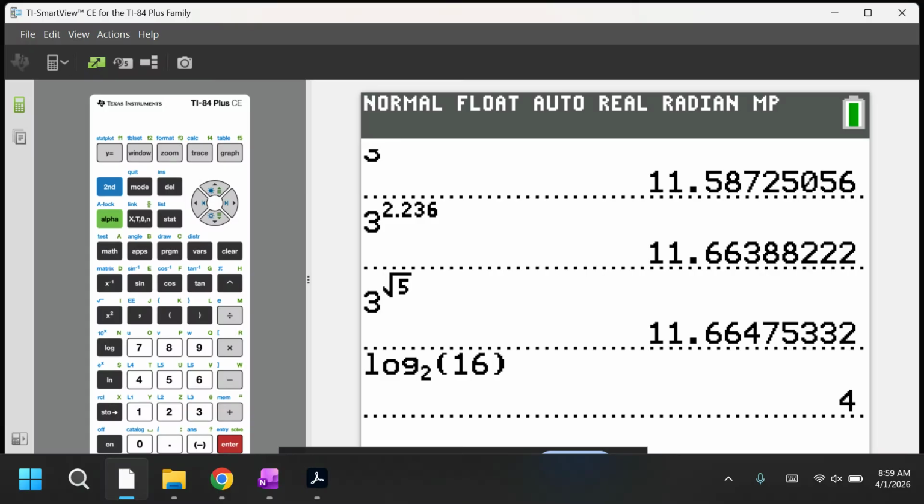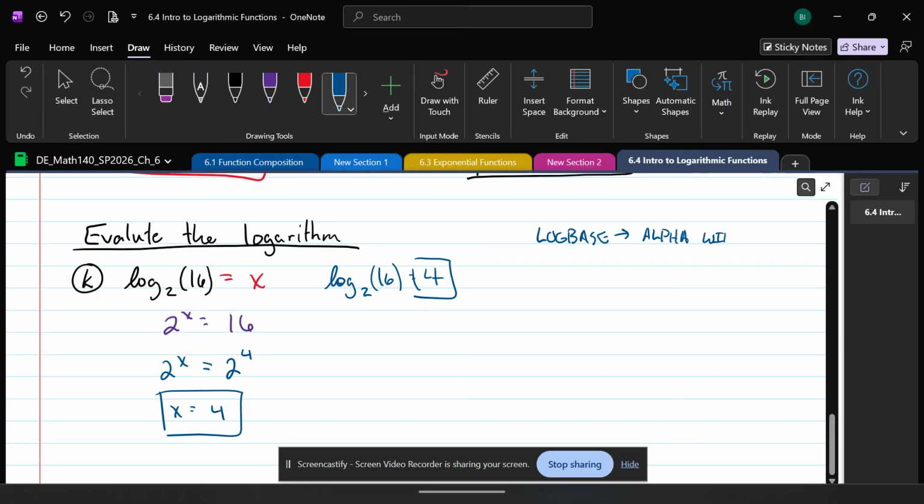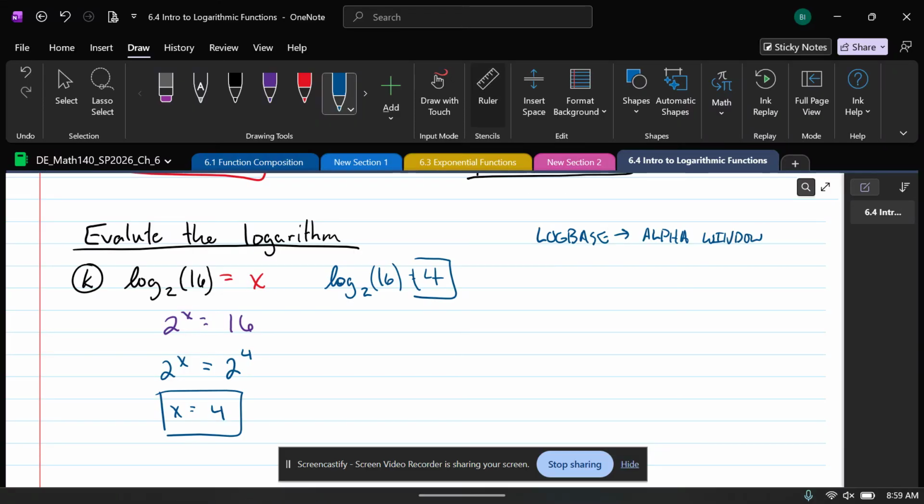So alpha window, the alpha button, the window button, and then I think it's option 5 for log base. Okay, and that's going to give you log with a box and then a box. Okay, this is TI-84 only, or 84 plus.